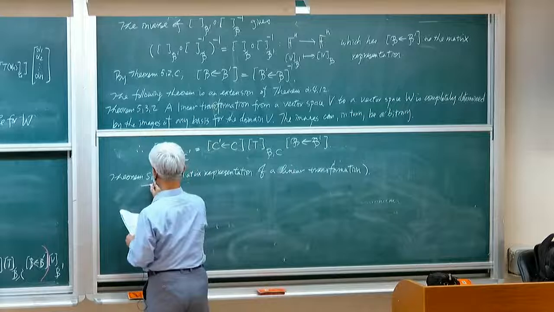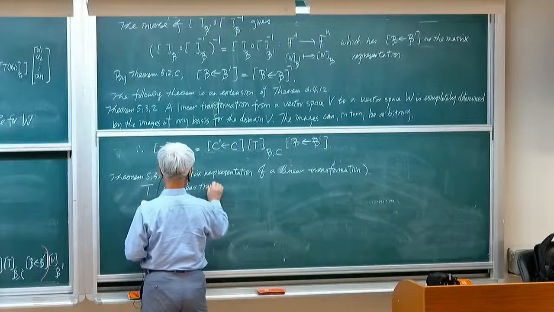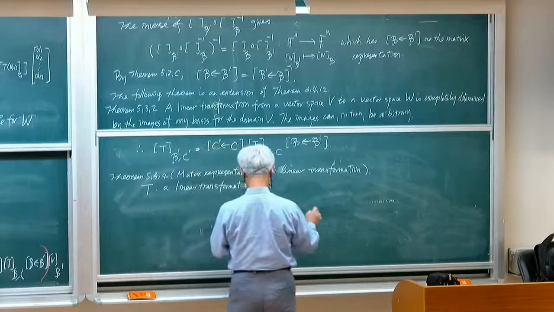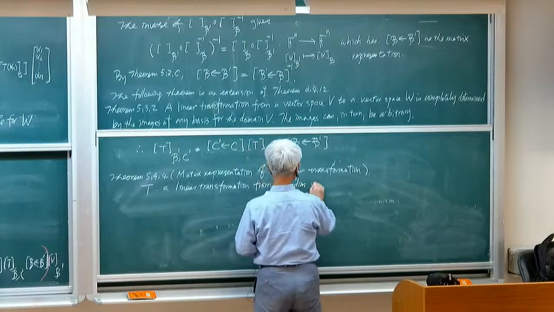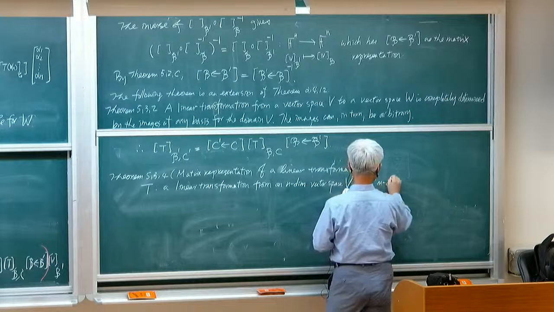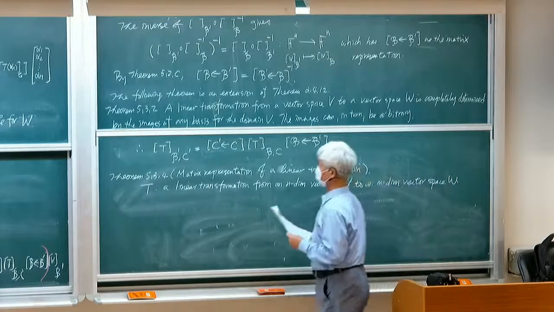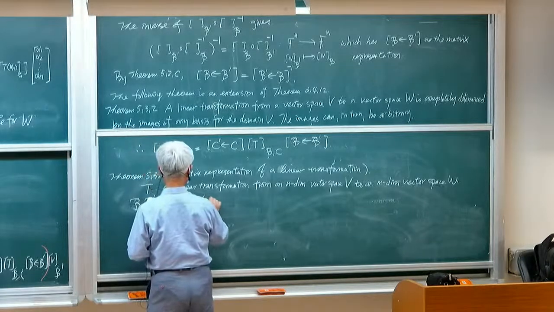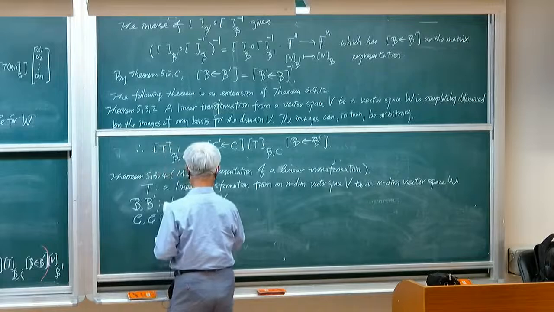All right, so the data is that T is a linear transformation from an n-dimensional vector space V to an m-dimensional vector space W, and B prime is a basis for V, C prime a basis for W.